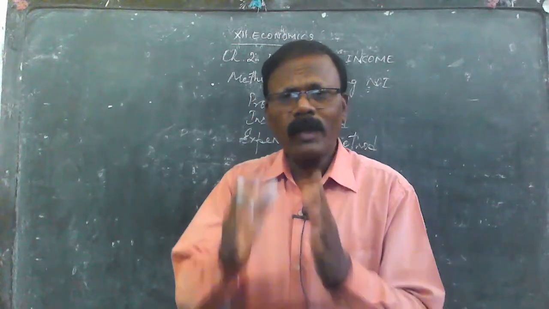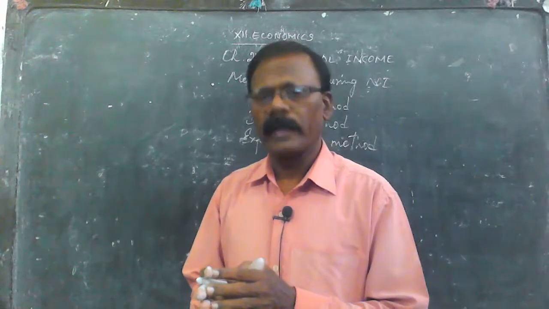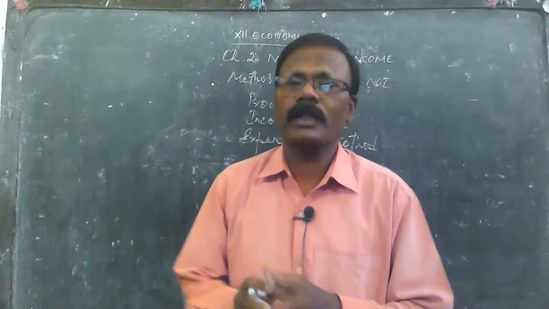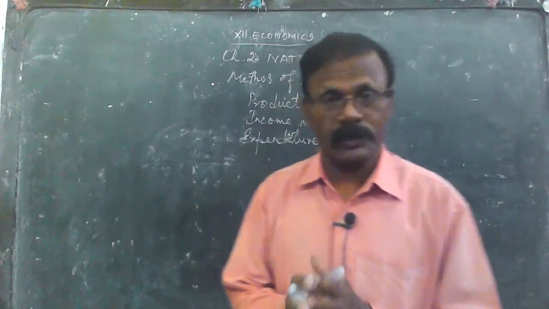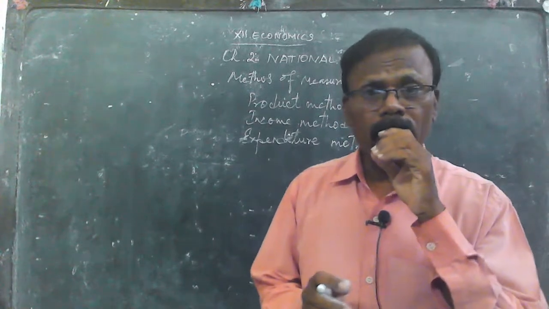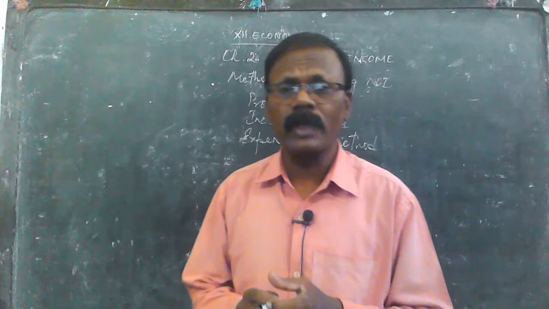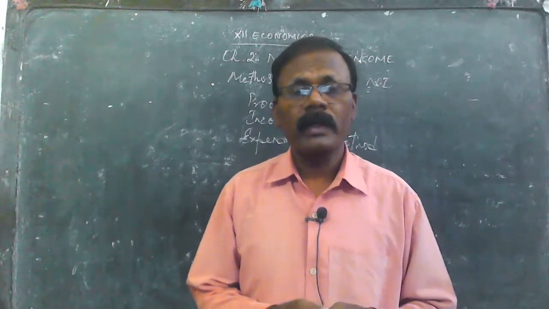Now, the value obtained in these sectors is actually the GNP, gross national product, valued at market prices. Care should be taken while measuring national income to avoid double counting.